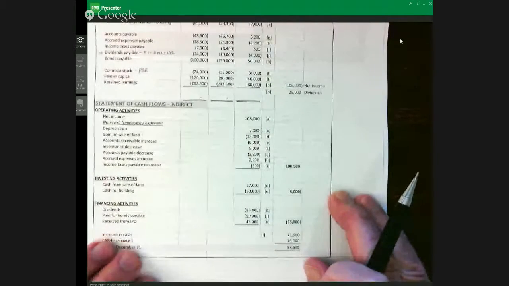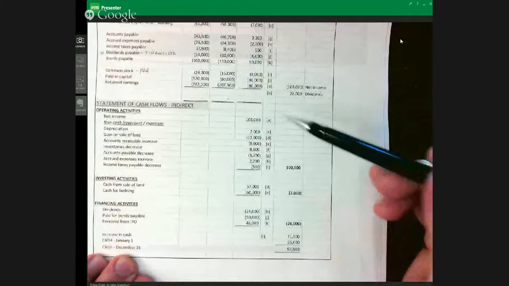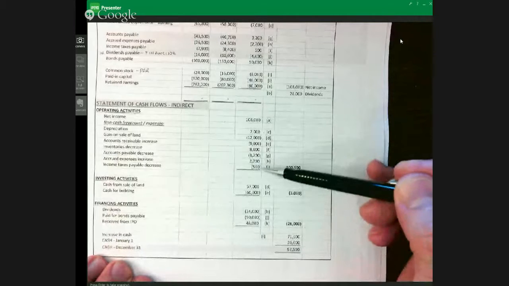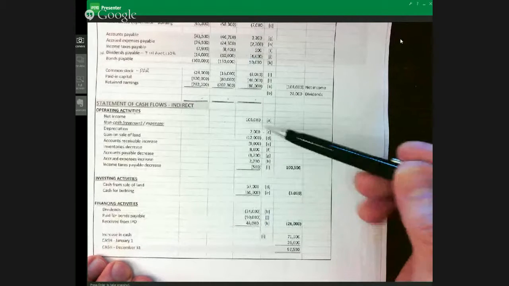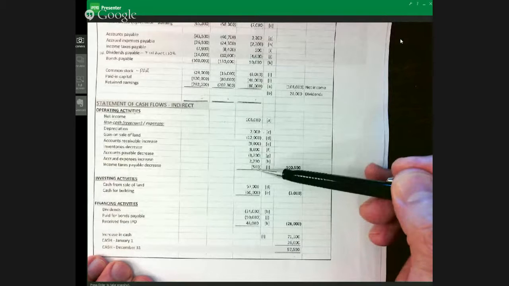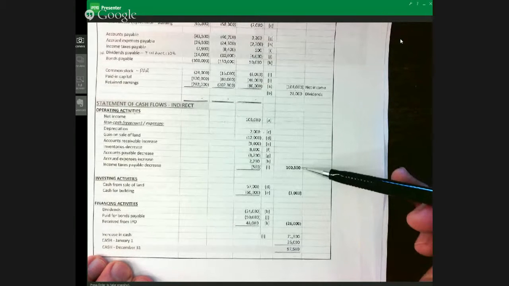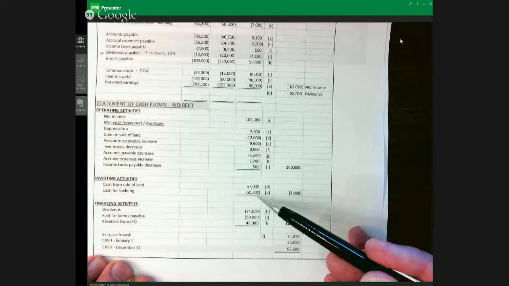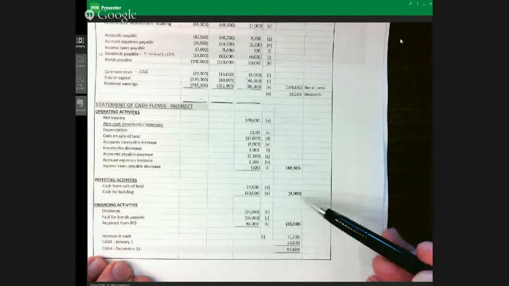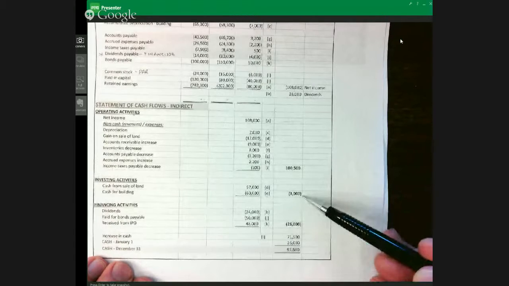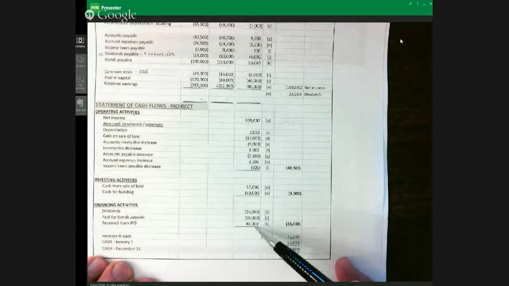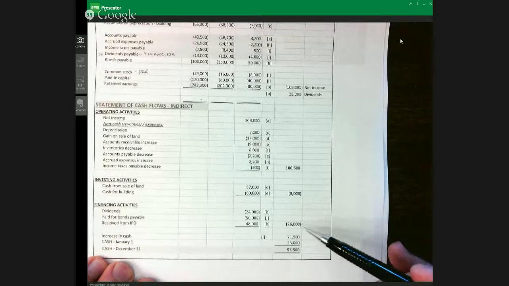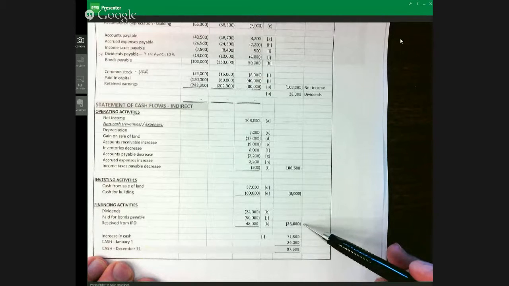Okay, now we have a little bit of housekeeping to do in the statement of cash flows. What we want to do is to sum the amounts for operating activities, and when we do that, they total $100,500. We sum the amounts that represent investing activities. That nets to a decrease of $3,000, and then we sum the amounts from financing activities, and that nets to a decrease of $26,000.